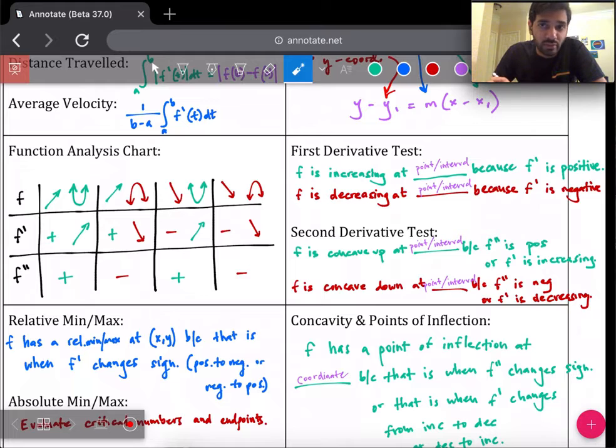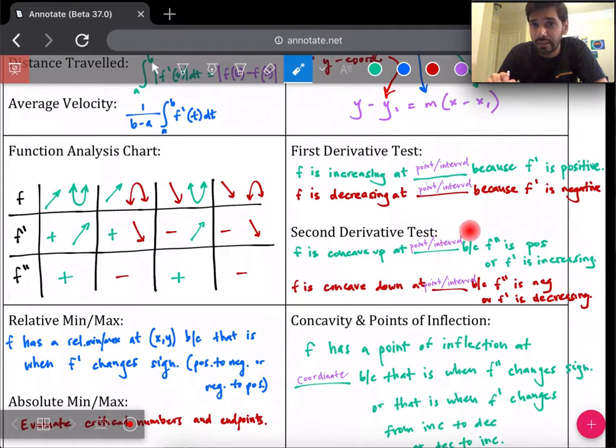The second derivative test can tell us about concavity. So f is concave up at some point or interval because, and you can write one of two things. You can either write concave up because f double prime is positive. So notice concave up is associated with f double prime being positive.